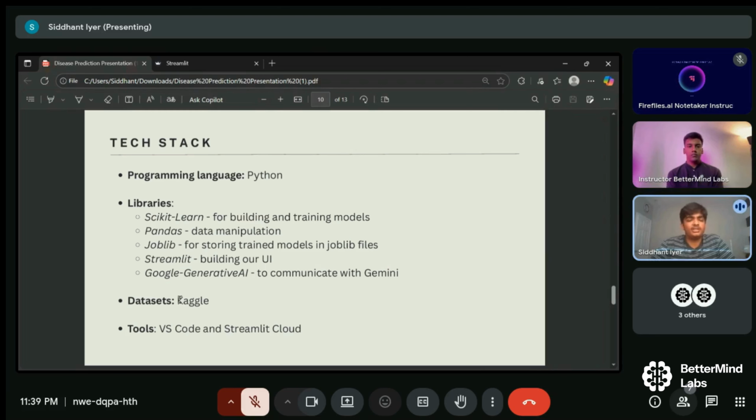The data sets were from Kaggle, and the tools were VS Code for Python for all the programming, and Streamlit for the interface.